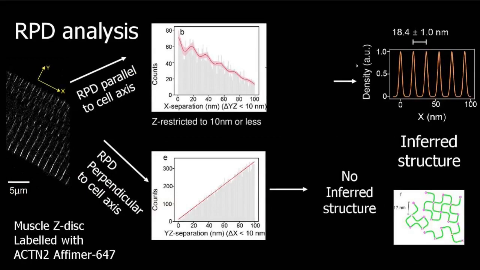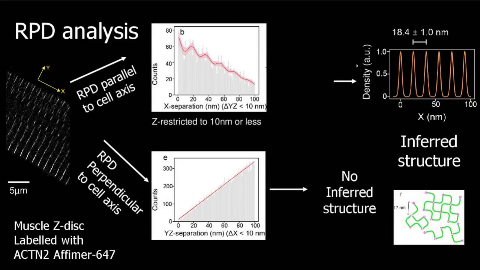Okay, so if we do our RPD analysis on that, we can see that if we go along this axis here, so from one side of the Z-disk to the other, and what we do when we do this plot is we restrict it, so we don't plot all of the information in Z, we restrict it to about 10 nanometers, which is really looking at around one actin filament as you go from one side of the Z-disk to the other.